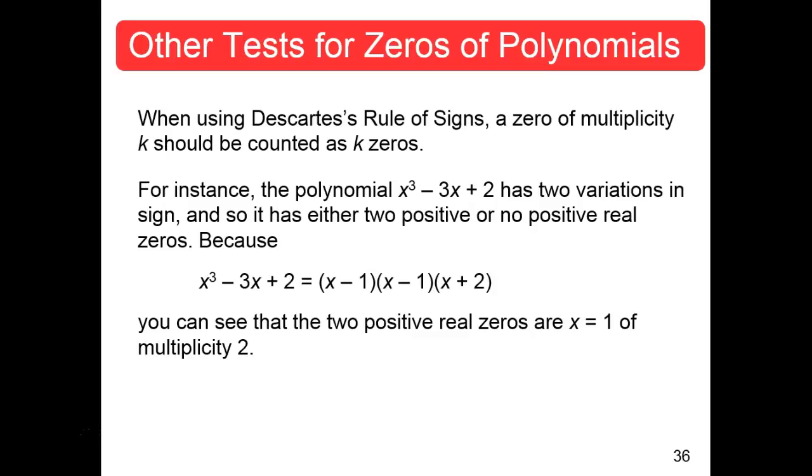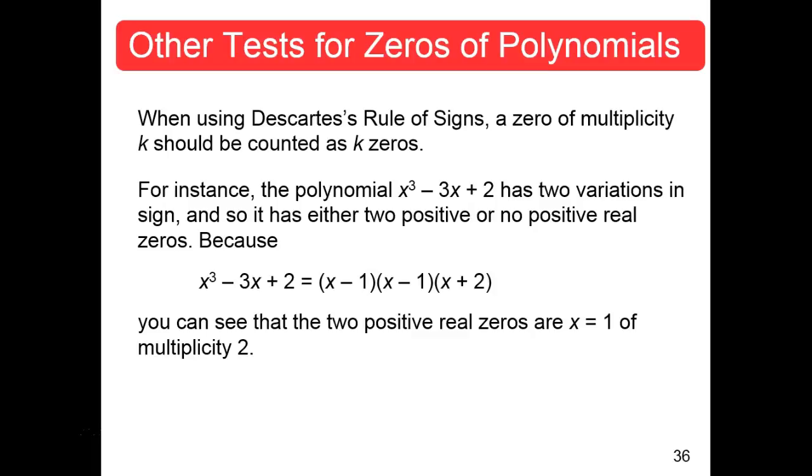Then that's a plus that you don't have, so you only have one negative zero. You can't subtract 2 from that. You've got to have at least one negative zero. So this shows you have either 2 or no positive real zeros, and the other one tells you that you have at least one negative real zero.